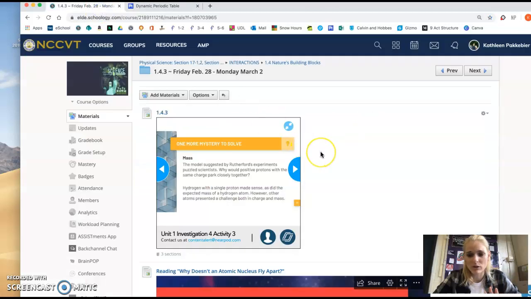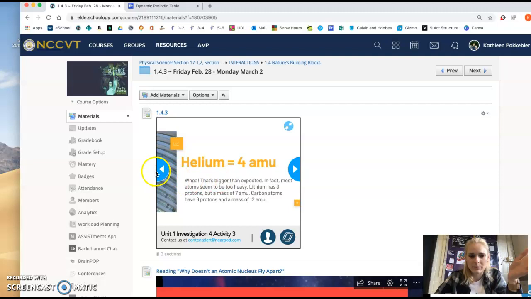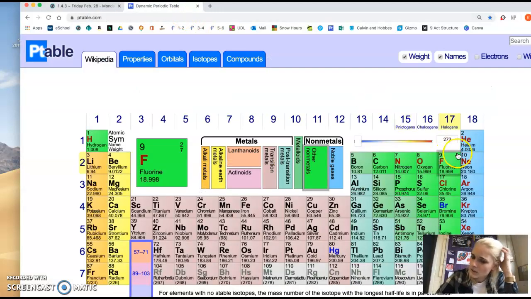Remember we said that electrons basically weigh nothing, so the electron's not contributing anything. That 0.008 is not because of electrons. But what about other atoms? Hydrogen makes sense, but what about everything else? Helium on the periodic table has a mass of about 4, and yet helium only has 2 protons.